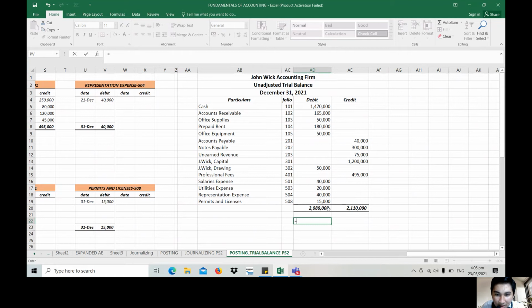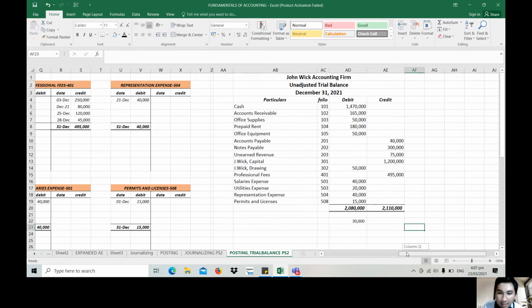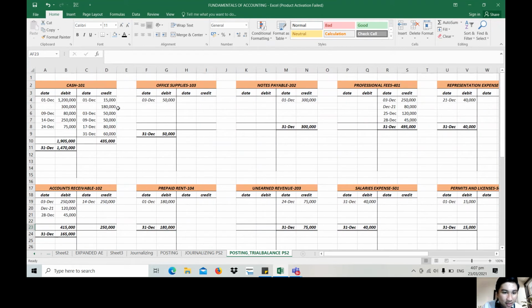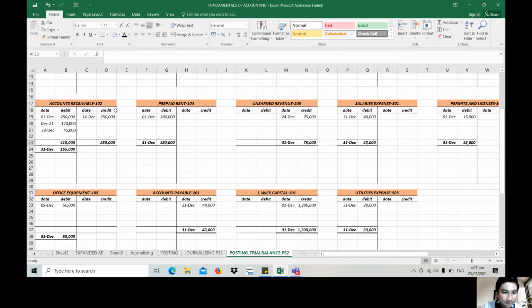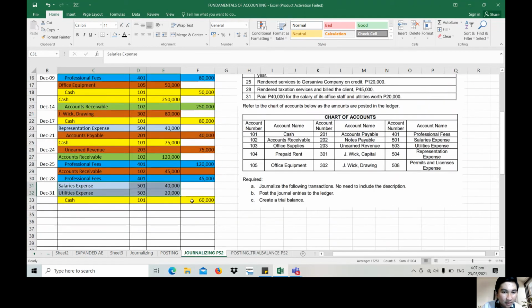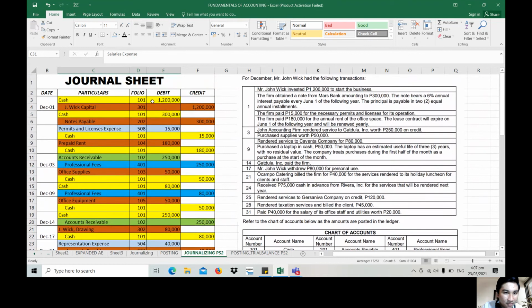Ito 2,080,000, ito 2,100,000. Less natin. Magkano ba ang difference? 30,000 pesos. Baka meron tayong hindi na-record na worth 30,000 pesos. Tingnan natin yung journalizing muna. May worth ba na 30,000 pesos, guys?